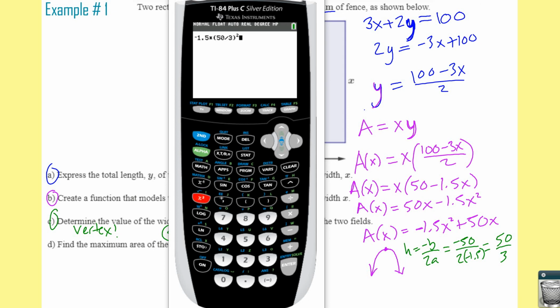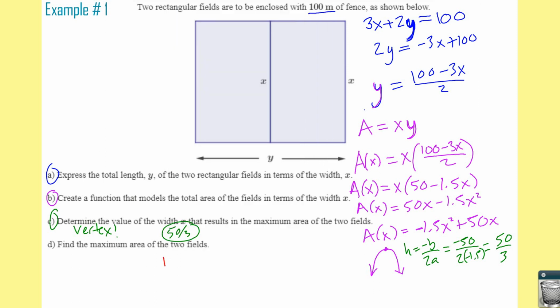Then I'm going to square that number. And I'm going to add 50 times 50 divided by 3. And I get 416.6 repeating. If I want to put it as a fraction, I hit Math, Fraction, Enter. So I get 1250 over 3, which is my answer. So if I can get it as an exact answer, do so.